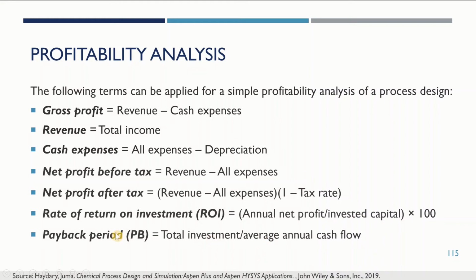The ROI and PB can be considered as the economic performance indicators, which will be calculated as the result of the ASPEN Process Economic Analyzer, which will help the process designer to decide which process alternatives are better for investment.